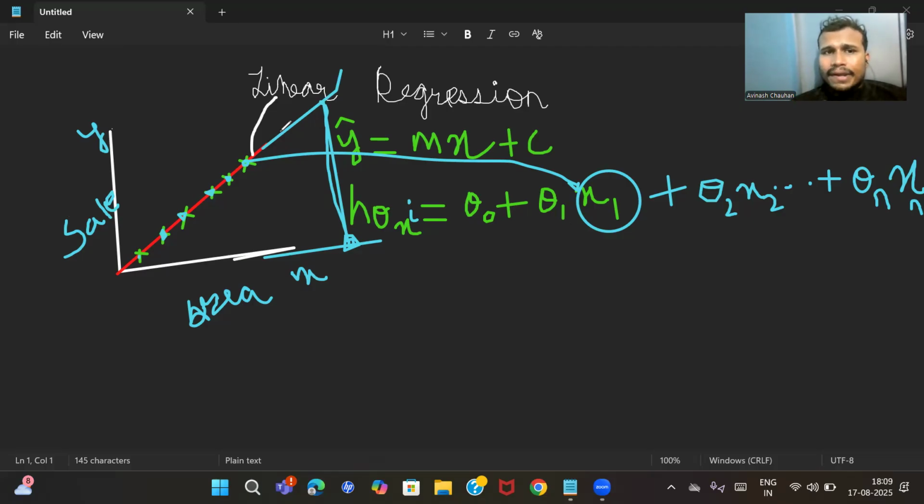We are going to predict it with the help of subtracting our actual value minus predicted value, or predicted value minus actual value, right? So how can we write that?